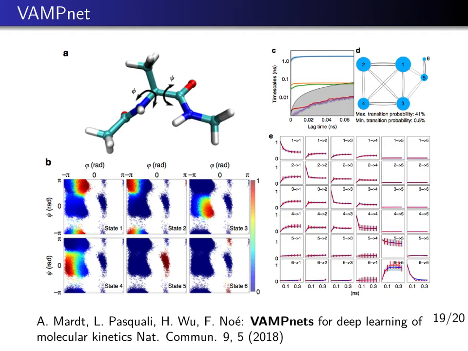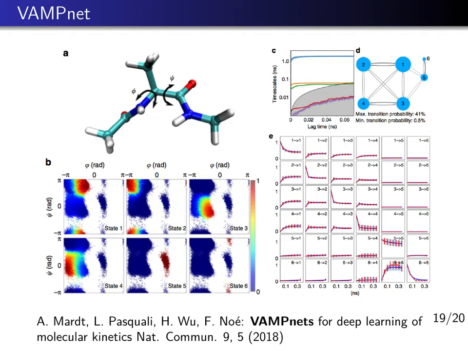So the distribution that I will get in a molecular dynamics simulation of phi and psi will depend, of course, on the molecular model used. But for common molecular models, I often get something like you see in the lower left of the picture. So you get something like 6 clusters or 6 states, where the main transition or the slowest transition is between the 4 states on the left and the 2 states on the right.